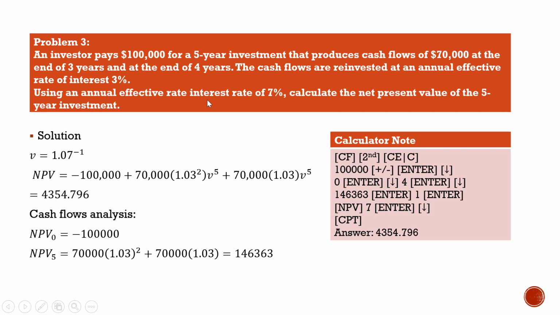The interest rate here is 7%. Hit enter again and scroll down, and hit compute CPT, and the answer is 4,354.796. So on the exam, you can either use the first method or you can use the cash flows mode on a calculator, the BA II Plus.